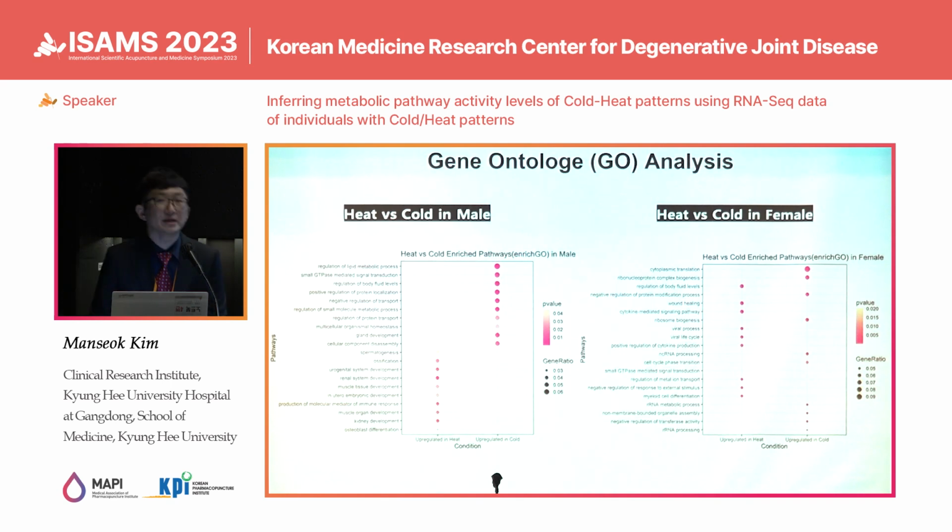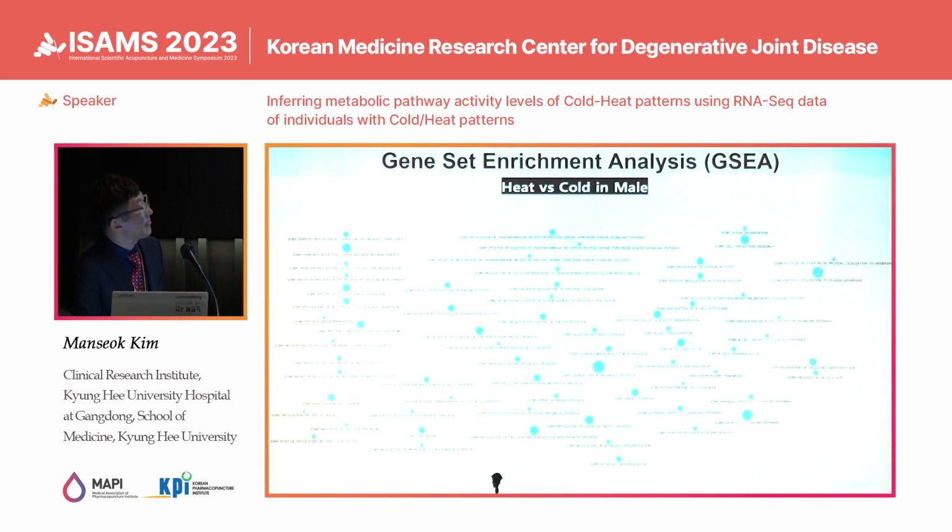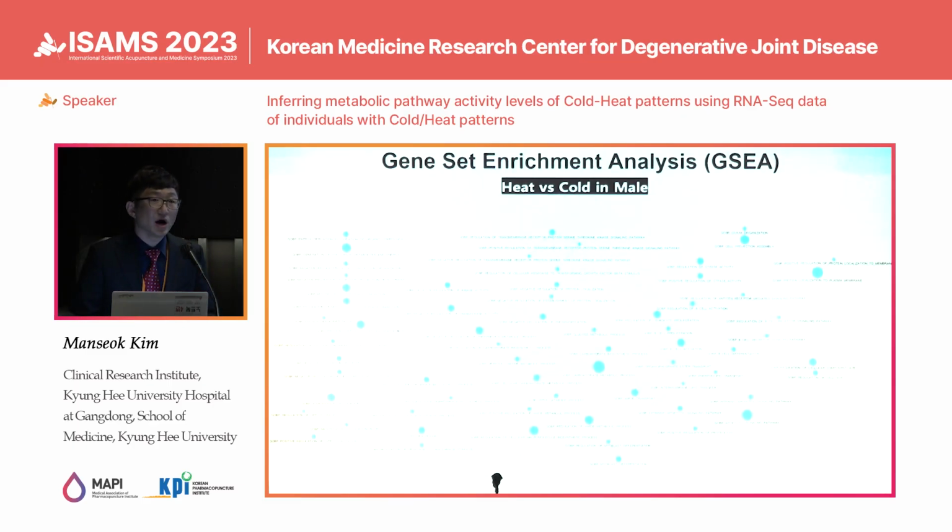But based on this analysis, we did not have enough information to decide to go this way or that way, so we did another analysis called gene set enrichment analysis. Again, we were trying to get to know what kind of known signaling pathways are associated.